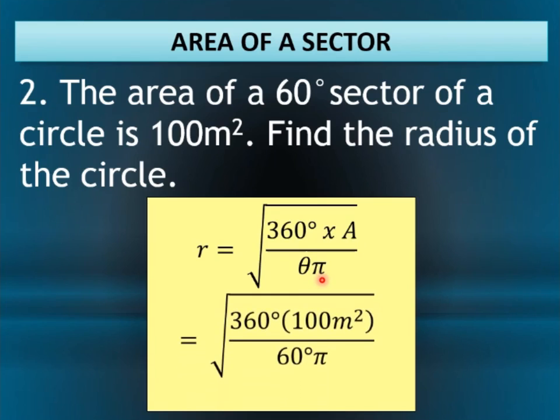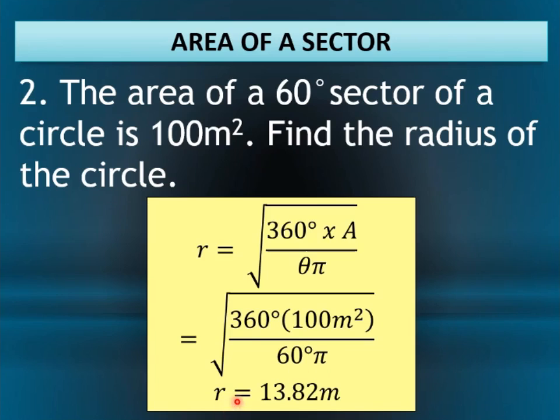By substitution, we have 360 degrees multiplied by the area of the sector, which is 100 square meters, over theta, which is 60 degrees, multiplied by pi. Simplifying this, the radius will be equal to 13.82 meters.